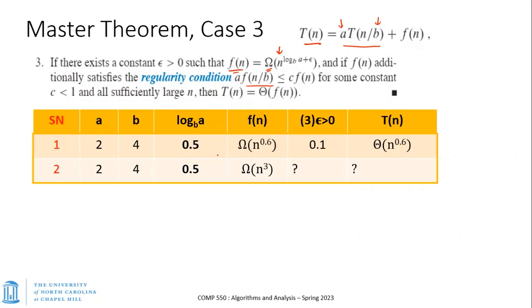So let's take a look at an example of this. You can immediately see that the driving function has a power which is higher than that of the watershed function. Here it's 0.5, now it's 0.6, and epsilon is simply the difference of the two. And so in this particular case, because the complexity of the driving function is higher, all the work is being done right at the top.